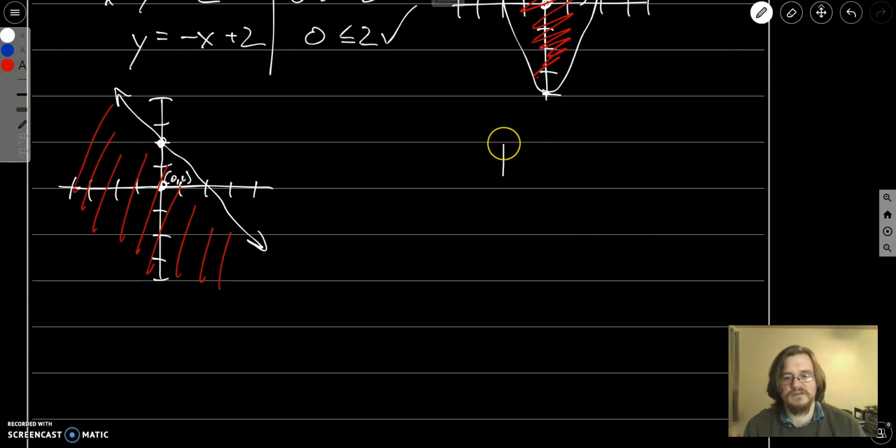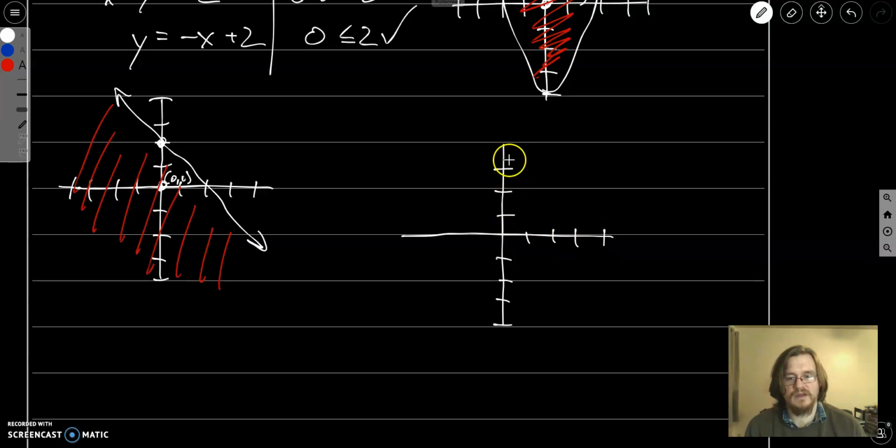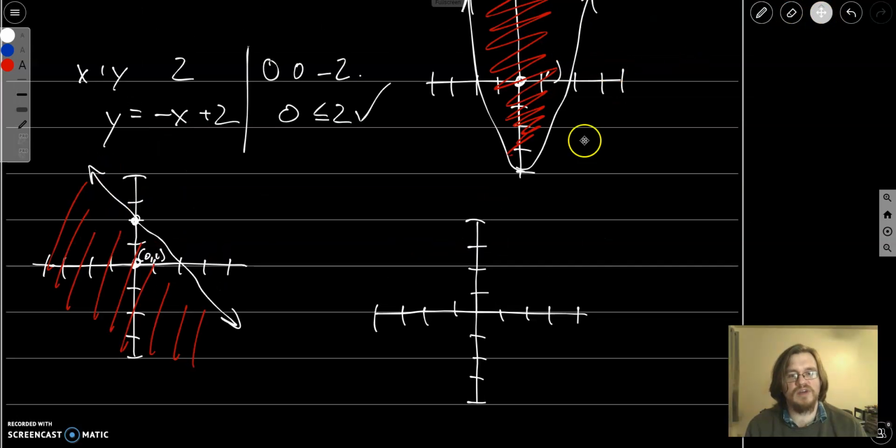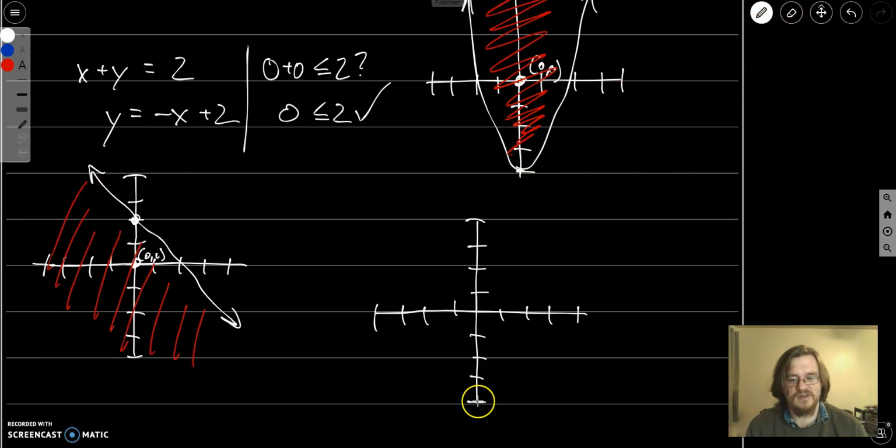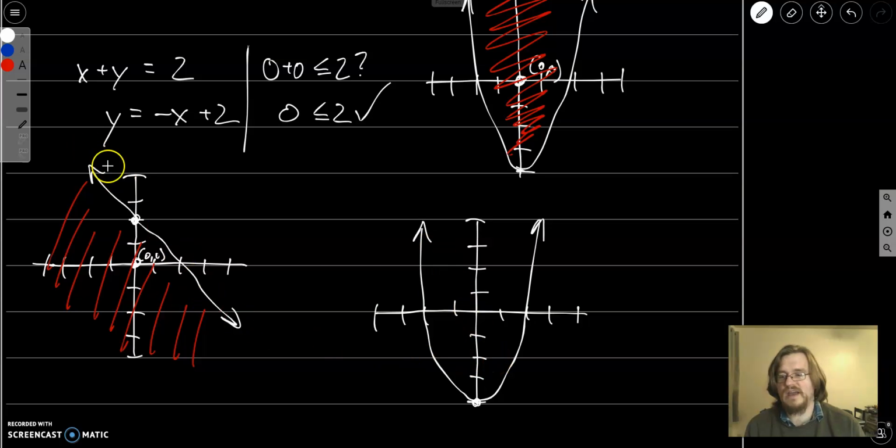We have our original parabola, which crossed down here. And we have this line, which went right here, went down, and then up.